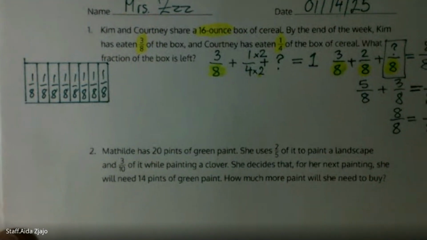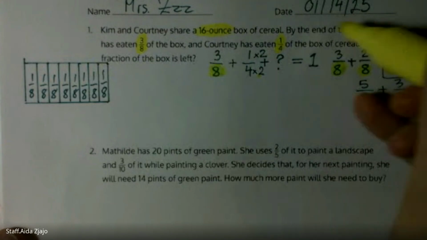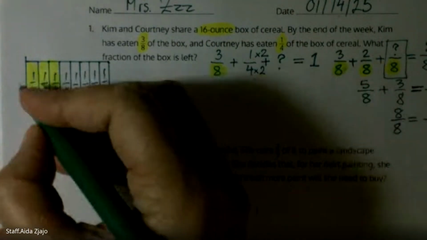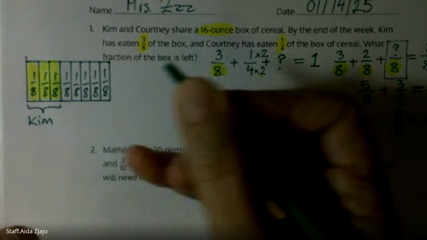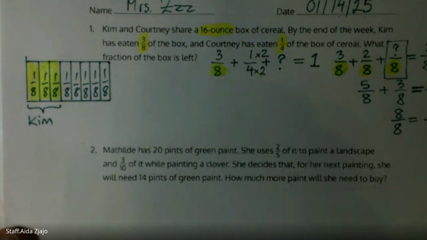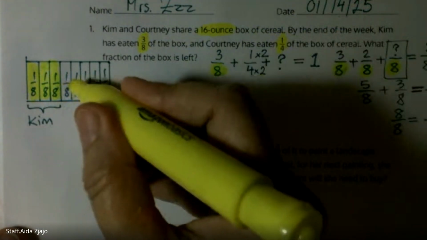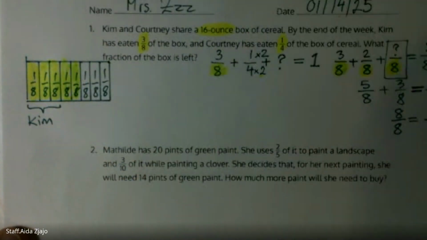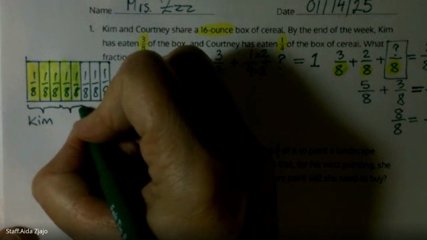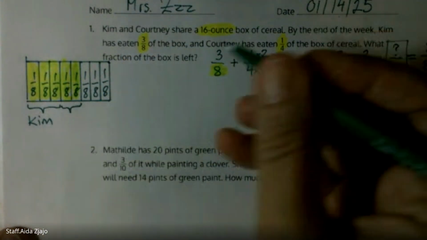So now we can say, Kim ate 3/8. So Kim ate 1/8, 2/8, 3/8, and that is Kim. And then Courtney ate 1/4, and 1/4 is 2/8. 1/8 and 2/8 make 1/4.